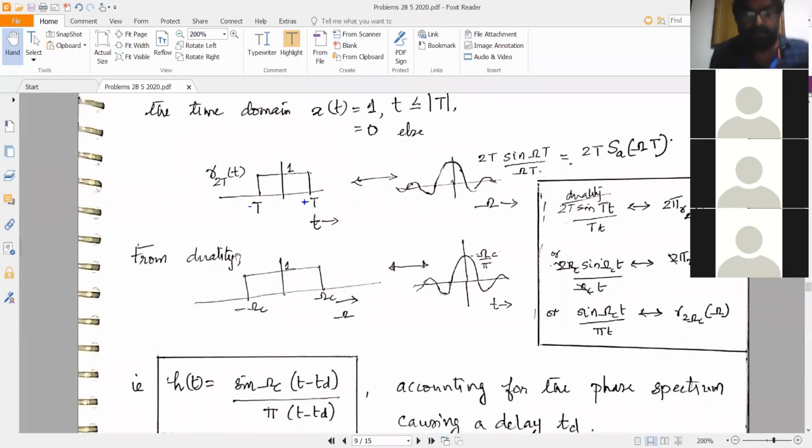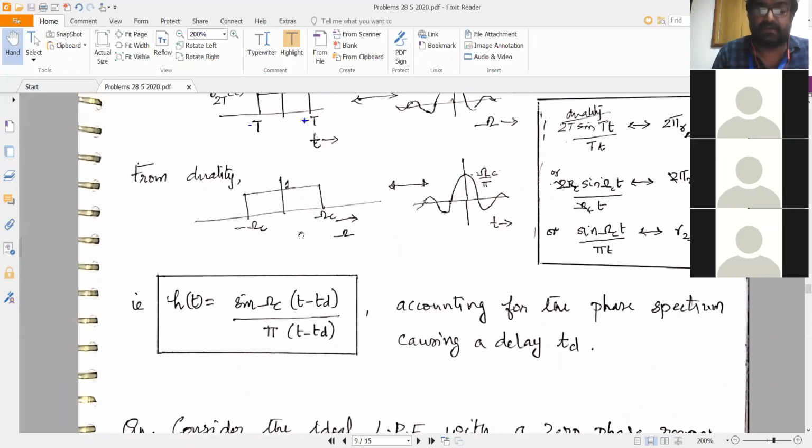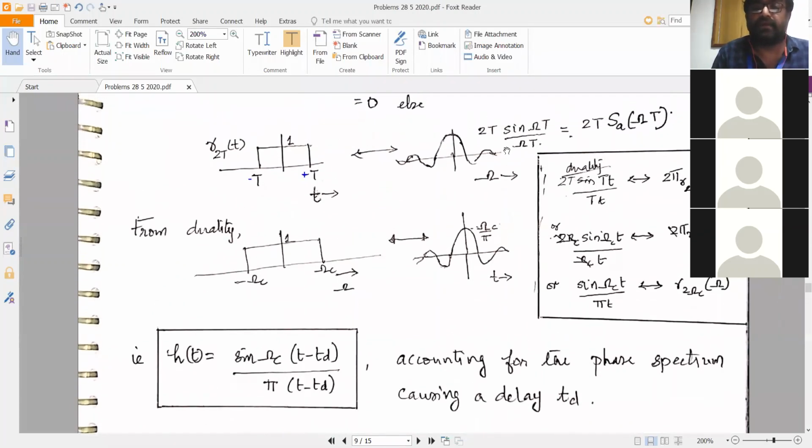Now from duality, if you have this function in the frequency domain, from minus omega c to plus omega c, then its time domain signal is this function. So we'll derive that here using duality. You will consider this function in the time domain: 2T sine of capital T into small t, by capital T into small t.